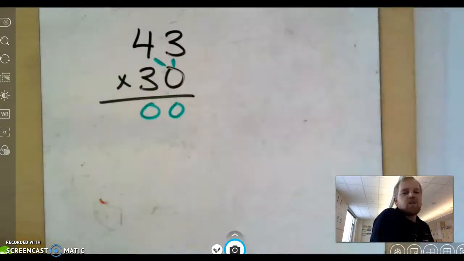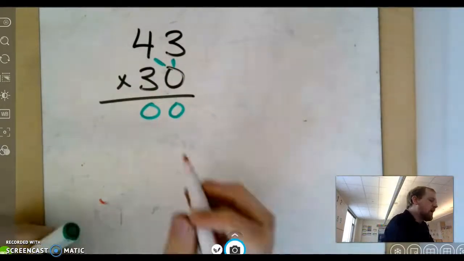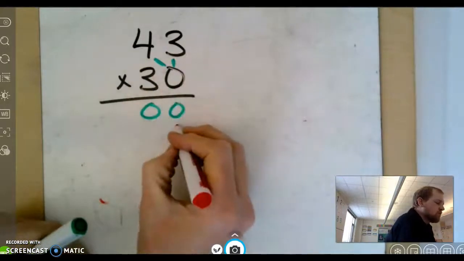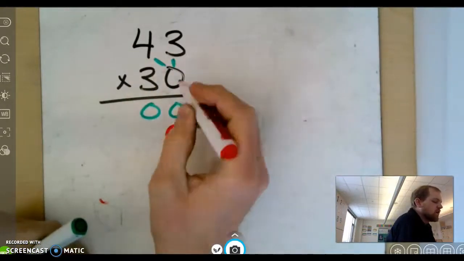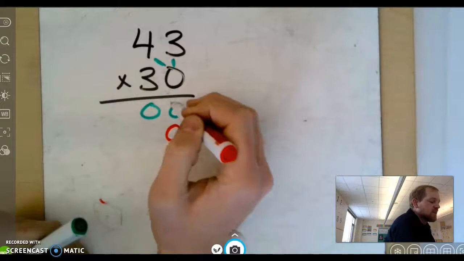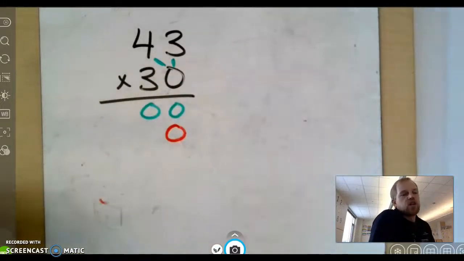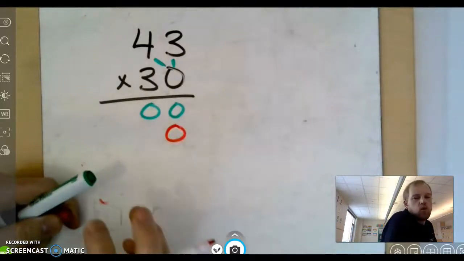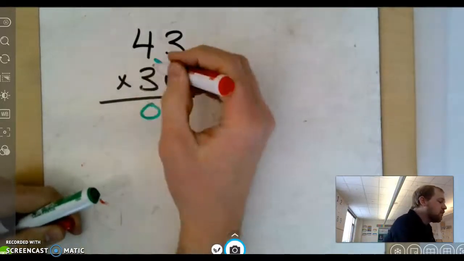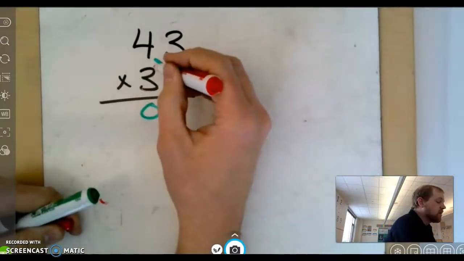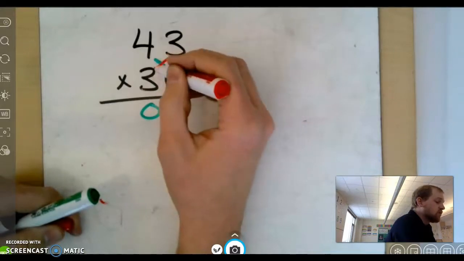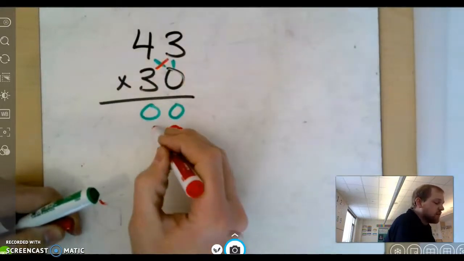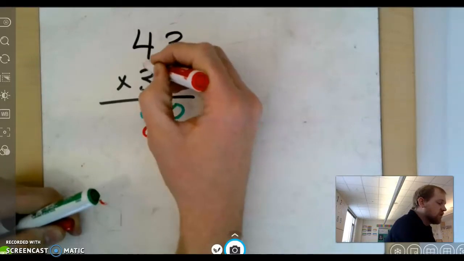Now I'm going to come back, and I remember that I get to start with a 0 down here. I start by holding that 0 down there. And this just tells me that I am now dealing with 30. Instead of dealing with 3, I'm working with 30. So that's what's going to hold that place value. And now I work through and do my normal multiplication again. So I take 3, or 30, times 3, I know is 9. And then I take 3 times 4.